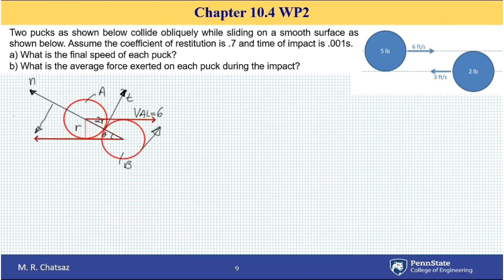If I consider one of the two balls, let's say ball A, I can draw the diagram and show what's happening to it. Recall the impulse momentum principle. It says that the impulse of the force equals the change in linear momentum.